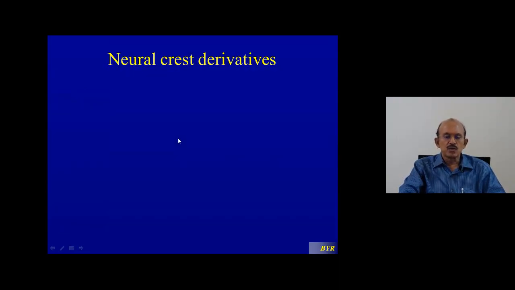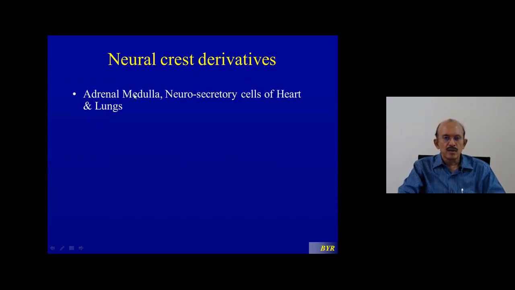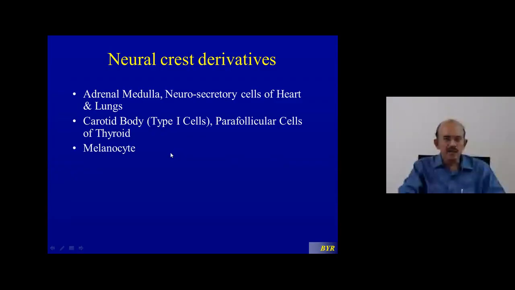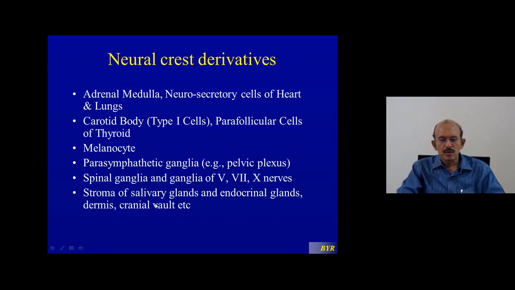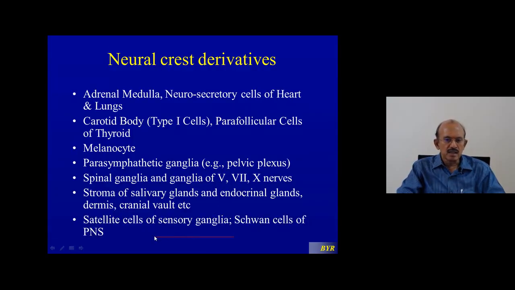Just to remind you about the neural crest derivatives: adrenal medulla, neurosecretory cells of the heart and lungs, carotid body, parafollicular cells of the thyroid, melanocytes, parasympathetic ganglia, spinal ganglia and ganglia of the 5th, 7th and 10th nerves, stroma of salivary glands and endocrine glands, dermis, cranial vault, satellite cells of sensory ganglia, and Schwann cells of the peripheral nervous system.